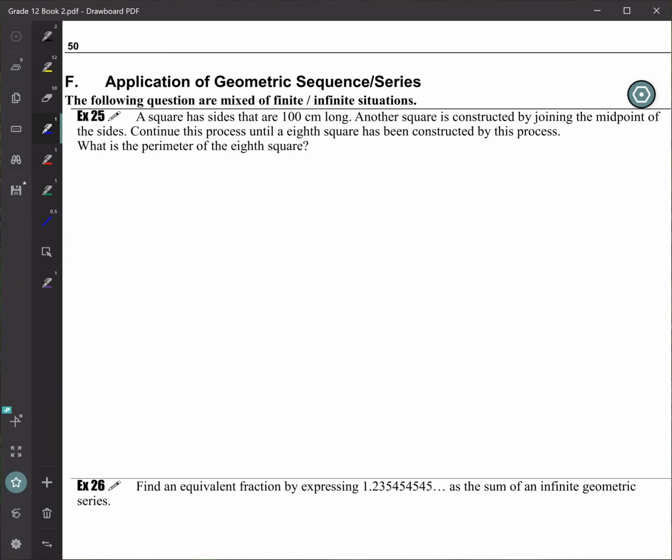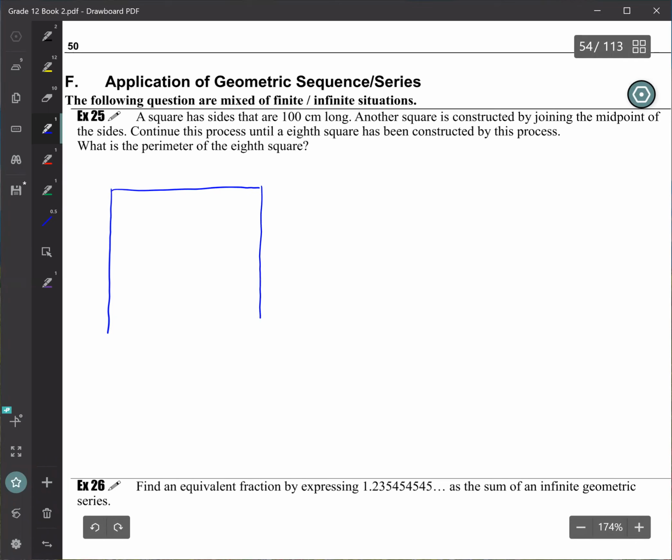So of course, we need to draw a square, right? So let me draw a square first. Okay, if you finish drawing, please raise your hand.